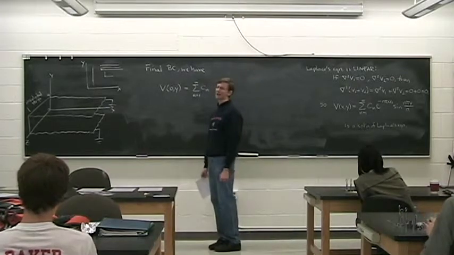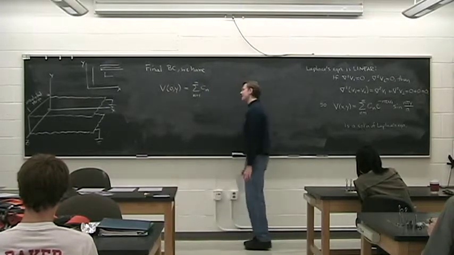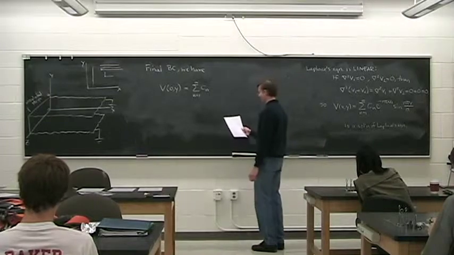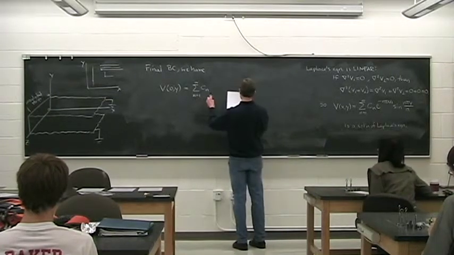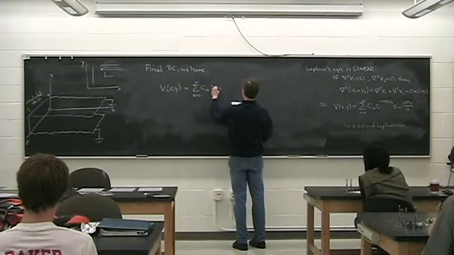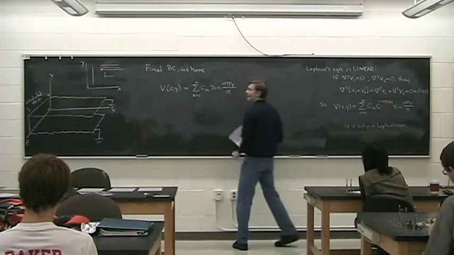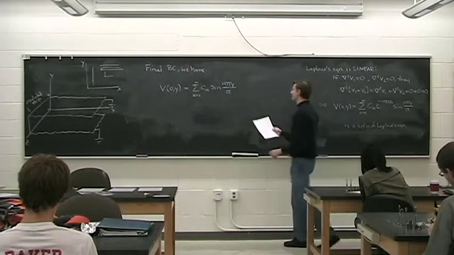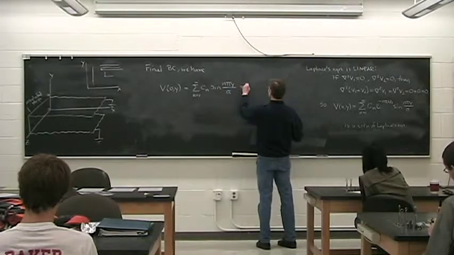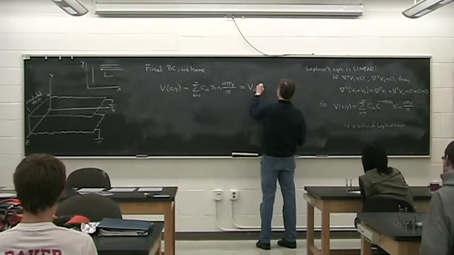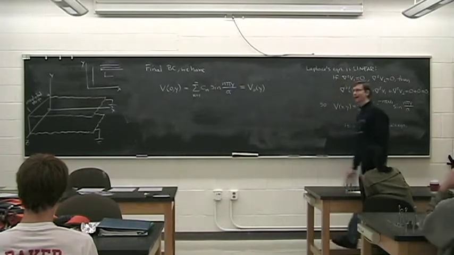All right, that term, the exponential is 1. Anyway, sine n pi y over a, the exponential is 1, so we get sine n pi y over a is equal to the given function, v naught as a function of y.